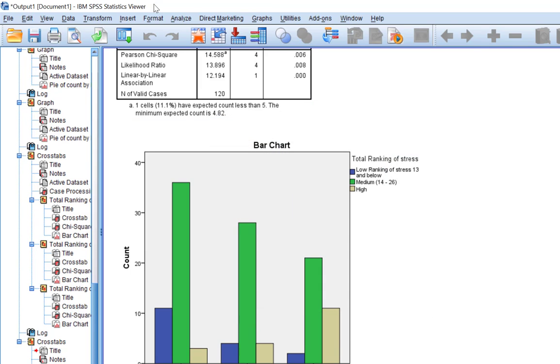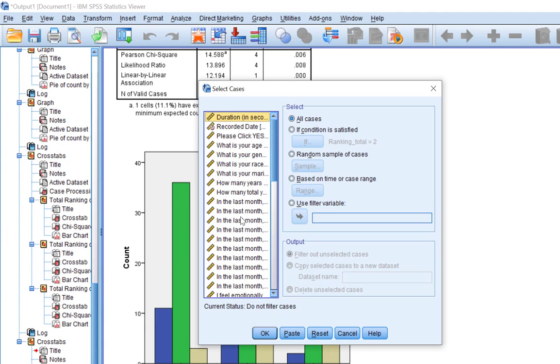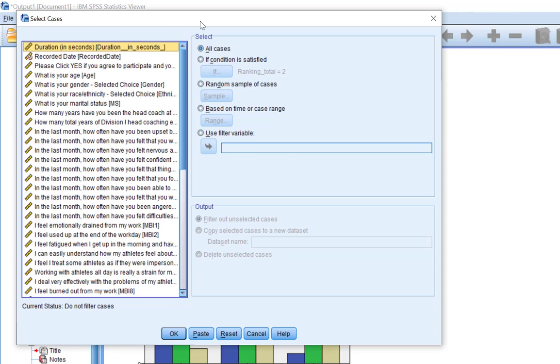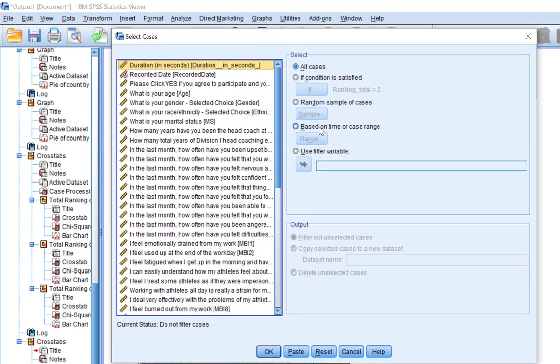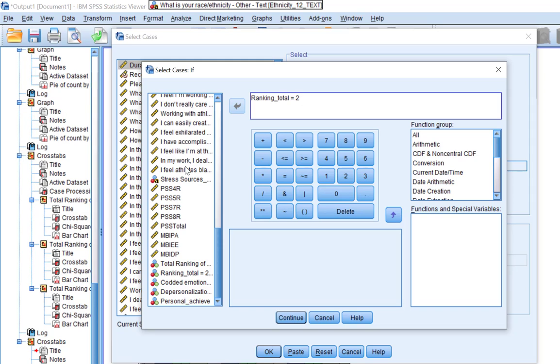Okay, so we're going to go data, select cases. We're going to create a group and then make a variable out of it. Read the thing again. High scores on EE. Okay, so EE, just use real words. Emotional exhaustion, which is total emotional exhaustion, equals 2.